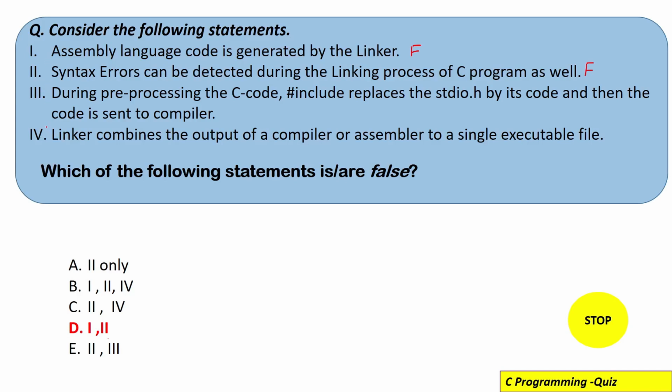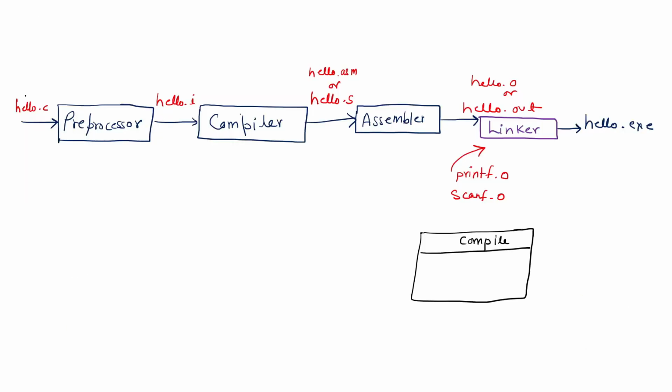For understanding all these statements, you should know what the compilation process of a C program is. That is how a C program is compiled and what the different phases in that compilation process are. So let's say you are having a file hello.c and it has some program written in C language. These are all the steps which show the different phases when you compile a C program.